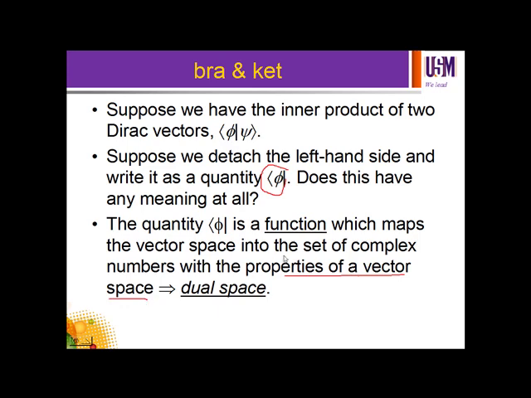Okay. So basically, you can say that the bra is the function which describes the vector space, while the ket is the vector. If we have these two joined together in an inner product, this is what we call the dual space. That means two spaces existing as if in one.